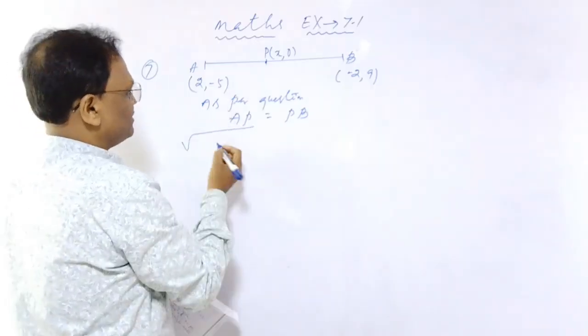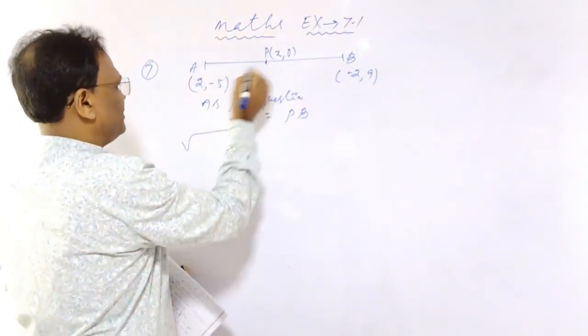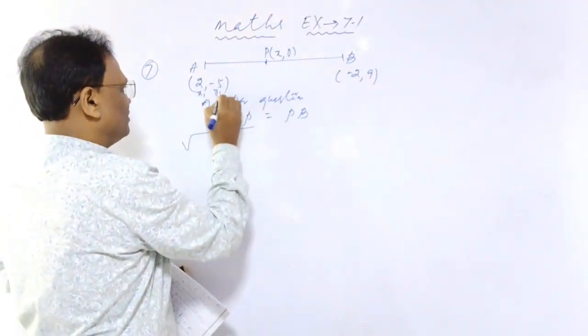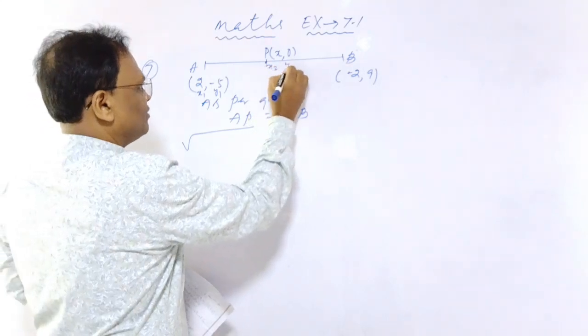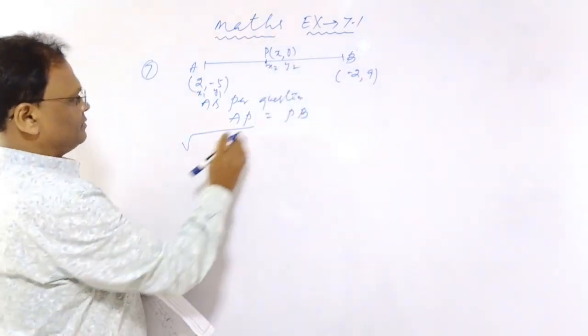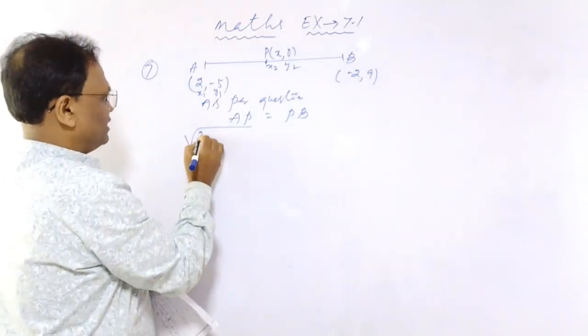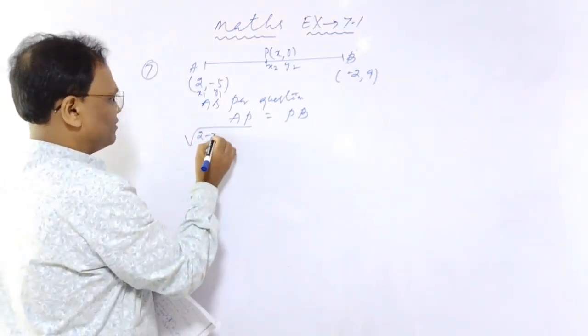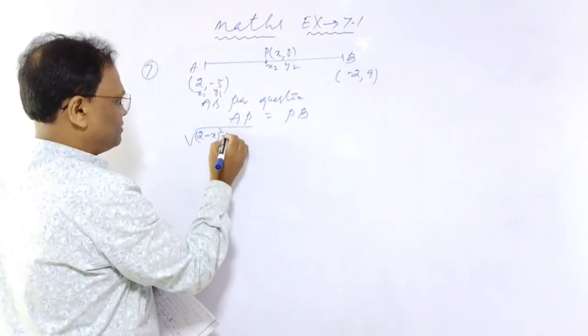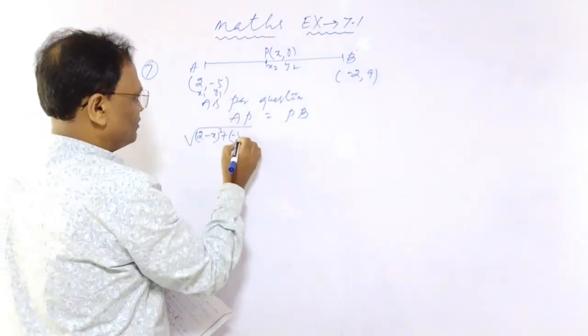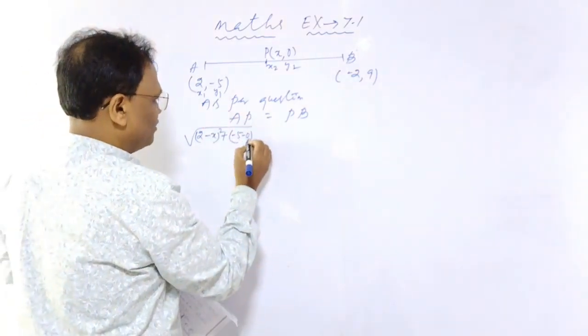So what is the distance formula? AP means x1, y1, x2, y2. Square root of (x1 minus x2) whole square plus (y1 minus y2) whole square.